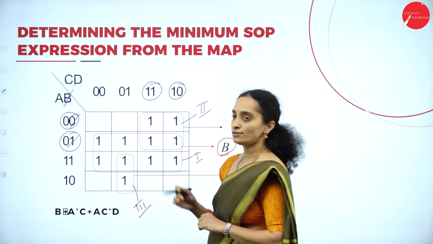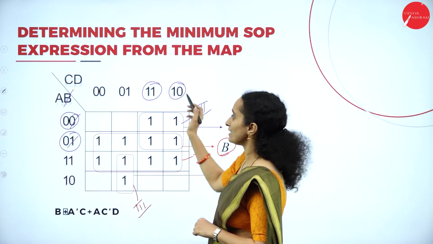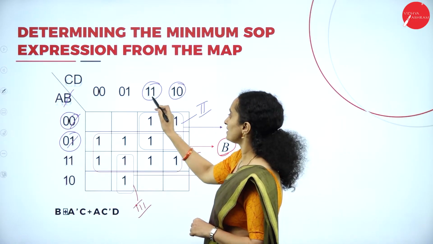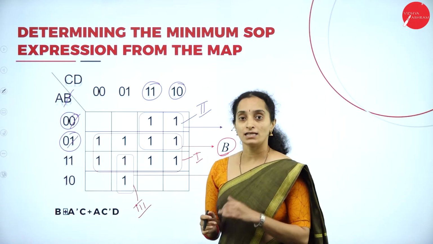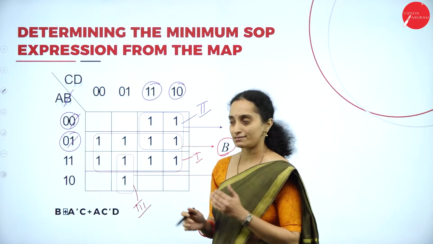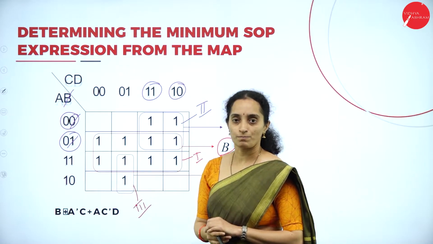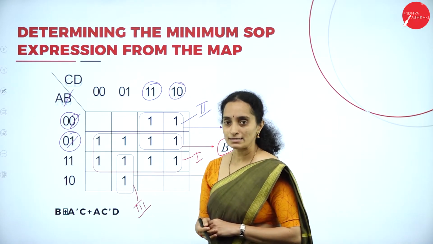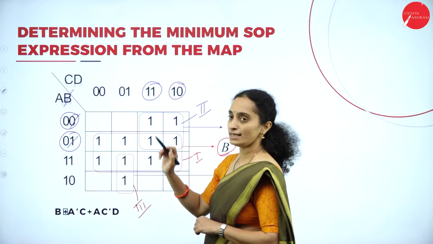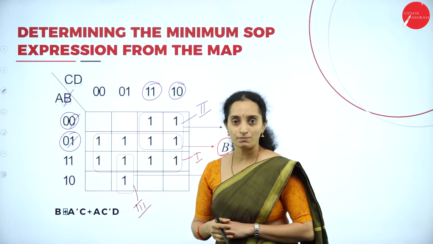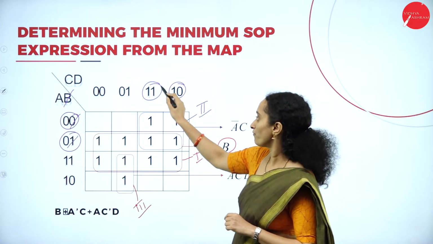Next, when you look into these two variables, C and D, the variable C is maintaining the consistency. It is both in the non-complement form. So you can keep the C. When you check with D, D is having complement and non-complement form.